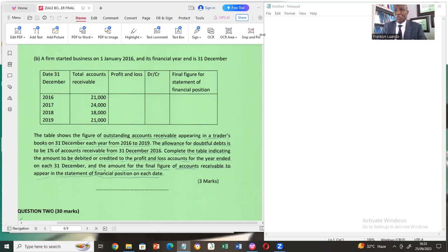So now I want you to understand doubtful debts are those credit customers who are likely not to pay because of a number of reasons. The customer, who we call the receivable, are going through financial difficulties.